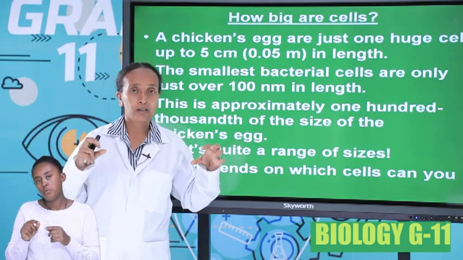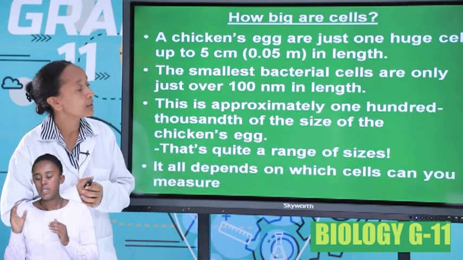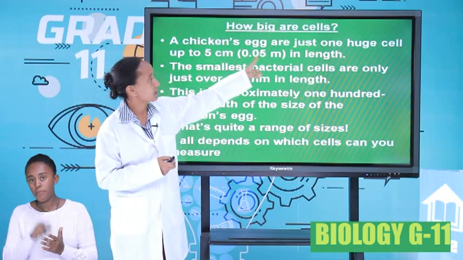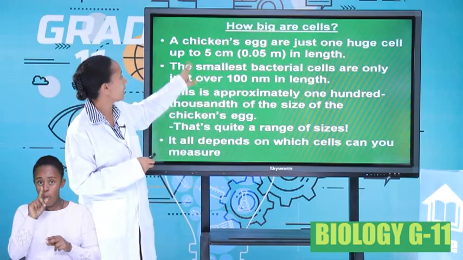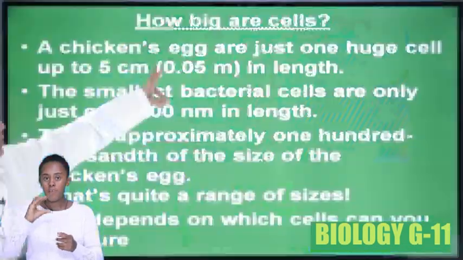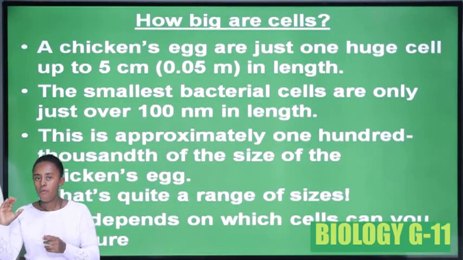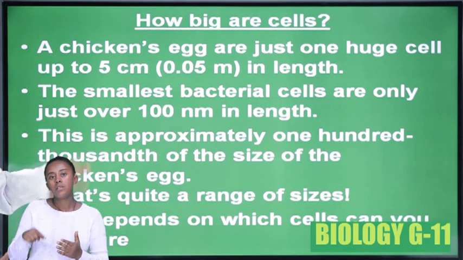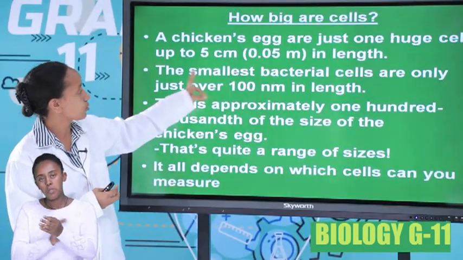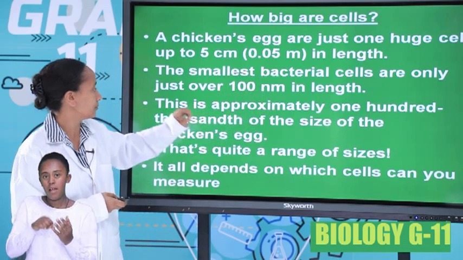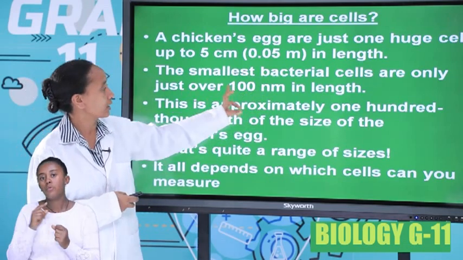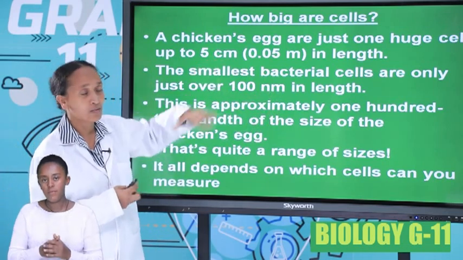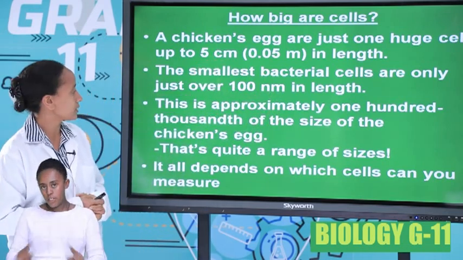That's why it says the chicken's egg is just one huge cell, up to 5 centimeters or 0.05 meters in length. This is a large cell. On the contrary, if you take small cells, the smallest bacterial cells are just over 100 nanometers in length. This indicates there is variation in size between cells.